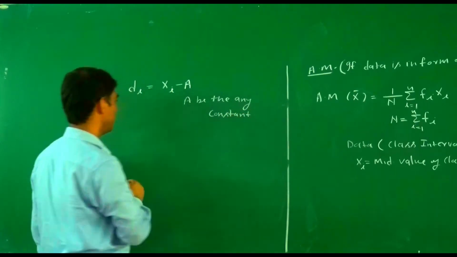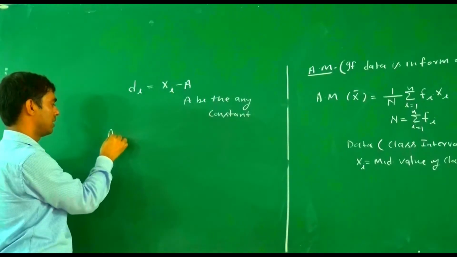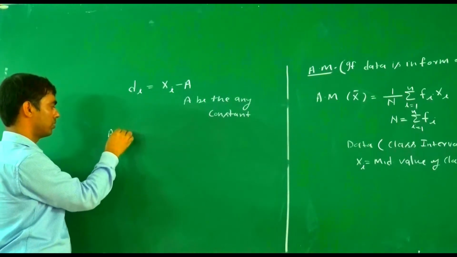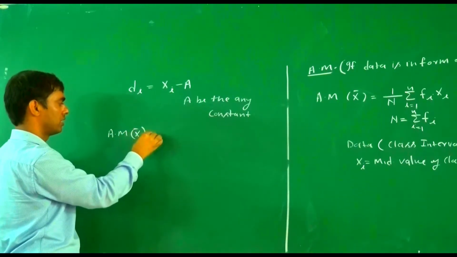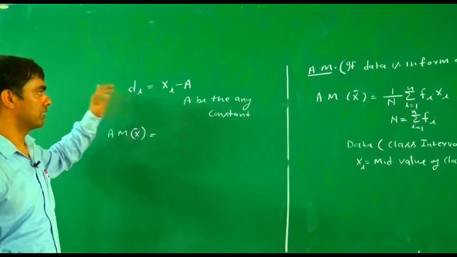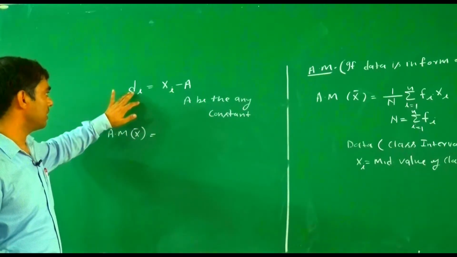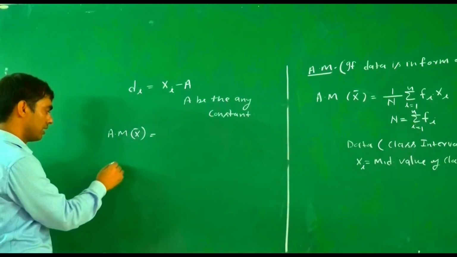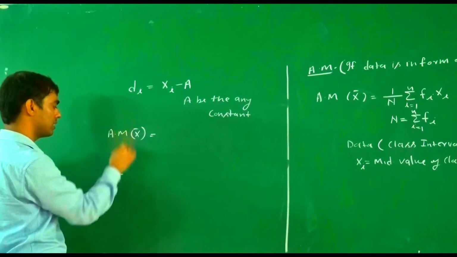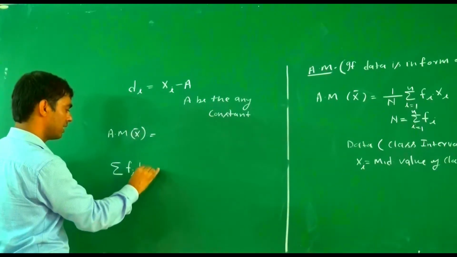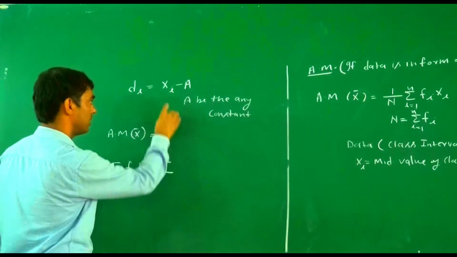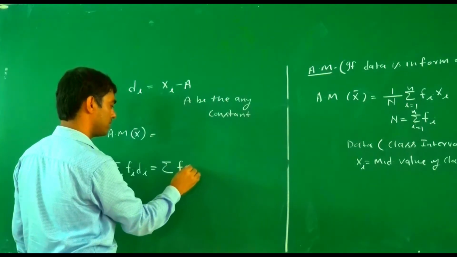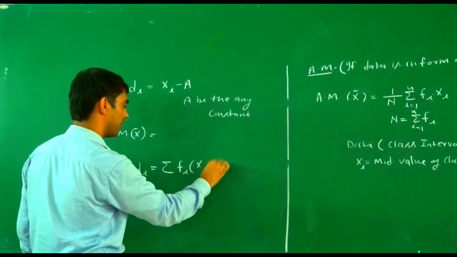Then what is the value of the arithmetic mean? Here we try to define the arithmetic mean x bar. We multiply by the corresponding frequencies and take the summation: summation of fi di equals summation of fi times xi minus a on the right hand side.